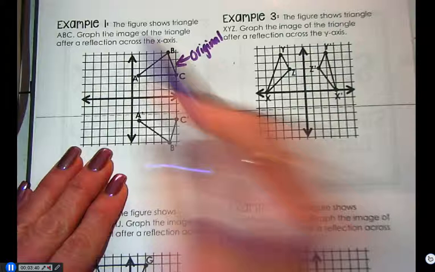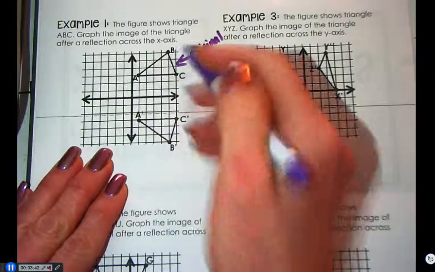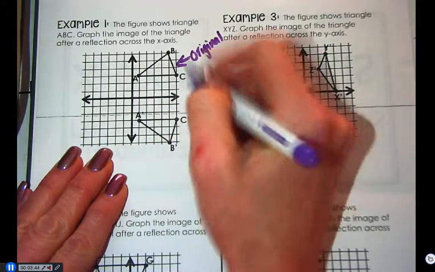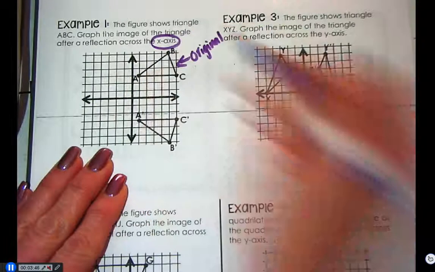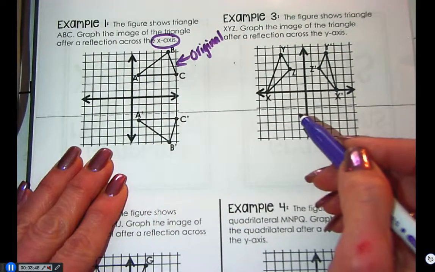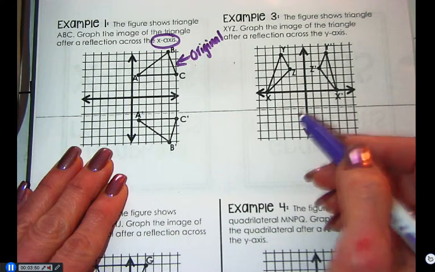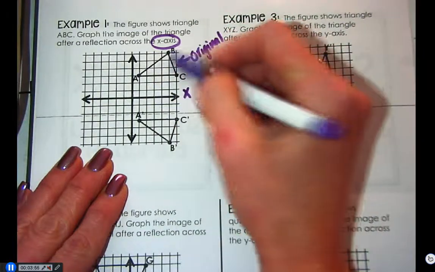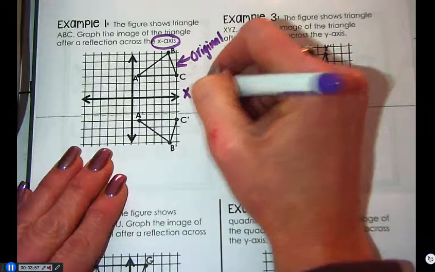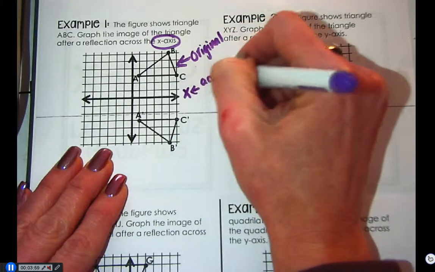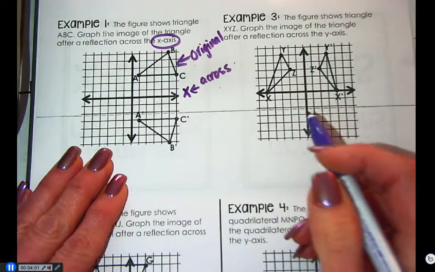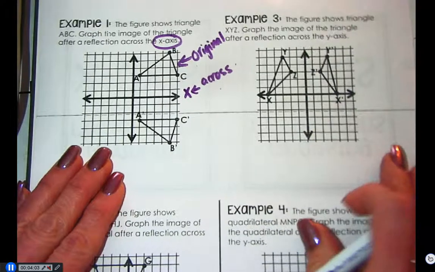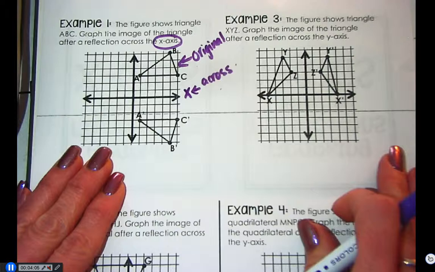And what I've done is, when I'm graphing it, I'm looking at how far this is across the x-axis, so I want you to circle x-axis. So when it's going across the x-axis, each of the points of the shape are actually going to go across the x. So what you do for this is just like you would do for translations. You're going to take one point at a time.